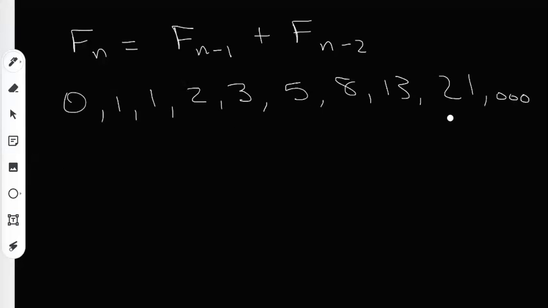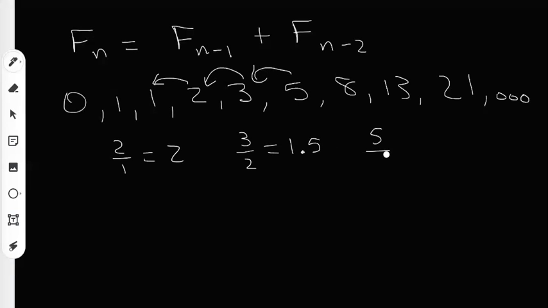If I divide them, like let's say I do 2 divided by 1, that gives me 2. If I do 3 divided by 2, that's going to give me 1.5. If I divide 5 by 3, okay, I'm treating this like it's some sort of geometric sequence, which it's not, but let's say I divide the terms, right? 5 divided by 3, that would be 1.6 repeating, right?